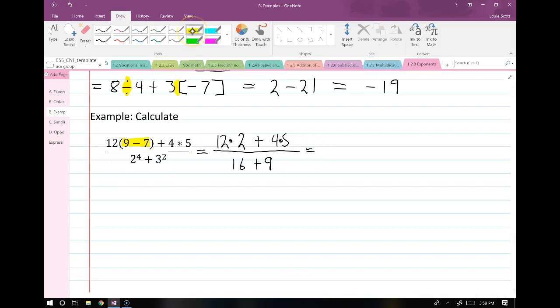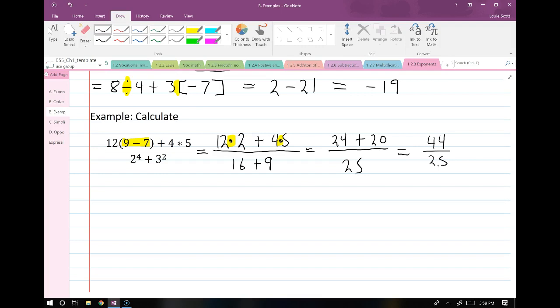In the numerator, I don't have any exponents or parentheses, I have 2 instances of multiplication, so I'll do that next. 12 times 2 is 24, plus 4 times 5, which is 20, and that's all over 16 plus 9, which is 25. Now I only have one step left on the top, which is addition. That gives me 44 over 25. And those don't share any common factors, so we're done.